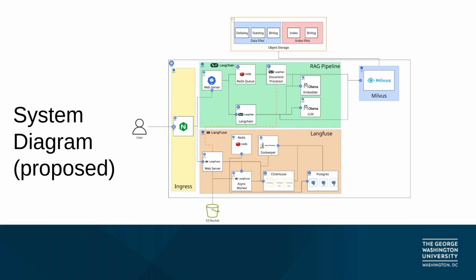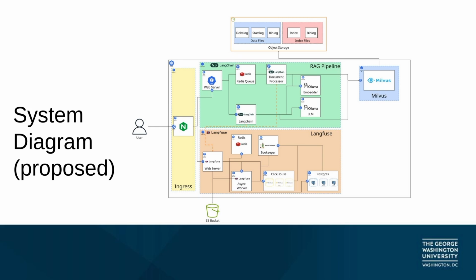Coming to the system diagram that we propose. So this whole system is supposed to be running inside a Kubernetes cluster, and we are isolating the different components in terms of namespaces. So first we have the ingress namespace, where our ingress controller is sitting, and the only job of this namespace and the controller is to route the traffic coming into the system to various other components.